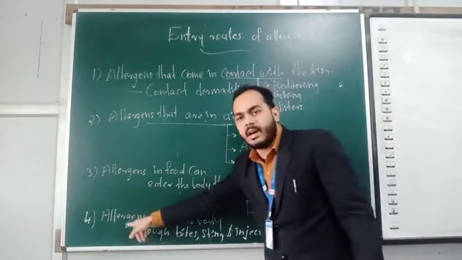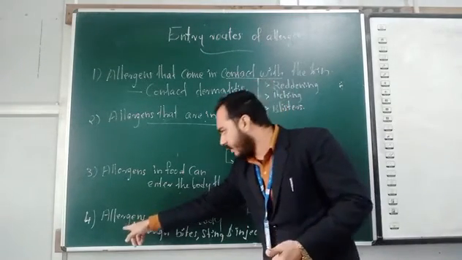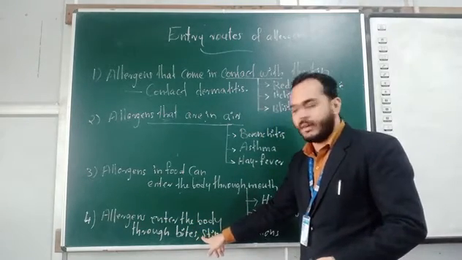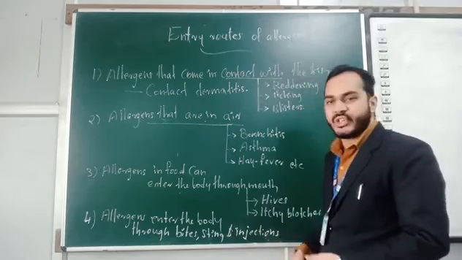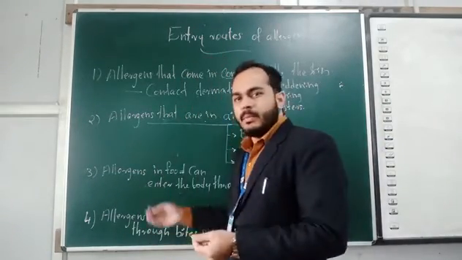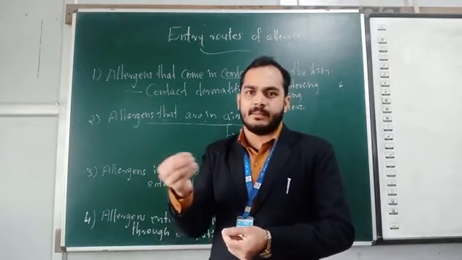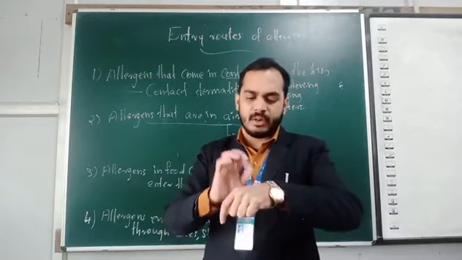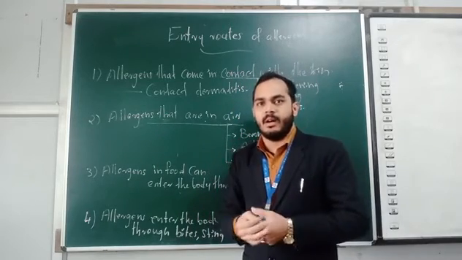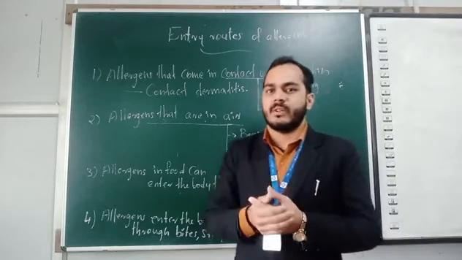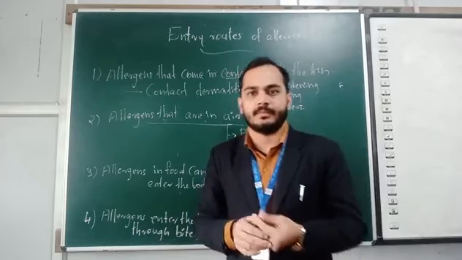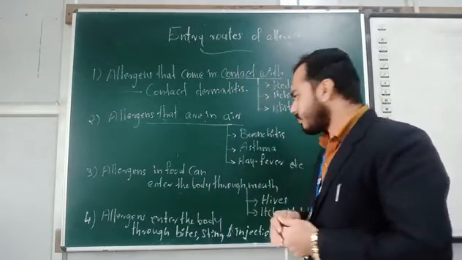The fourth allergic entry route is that allergens enter the body through bites, stings, injections and drugs. Some poisonous substances, poisonous animals and poisonous insects also bite or sting, causing allergic problems. And some injections may not suit and may not be good for the health.